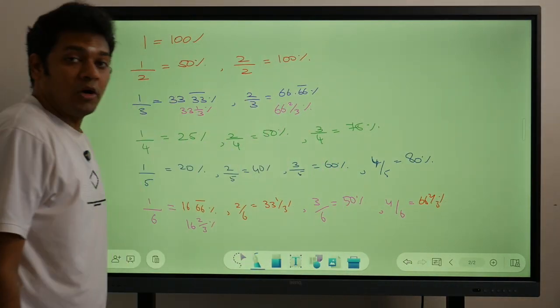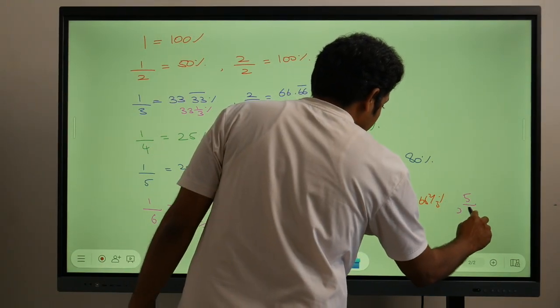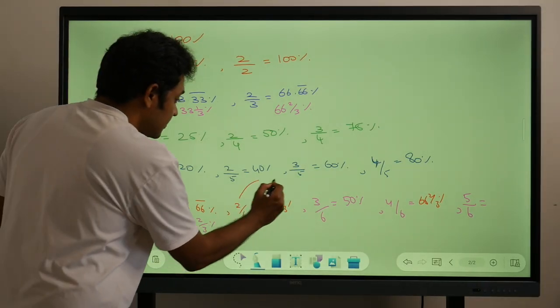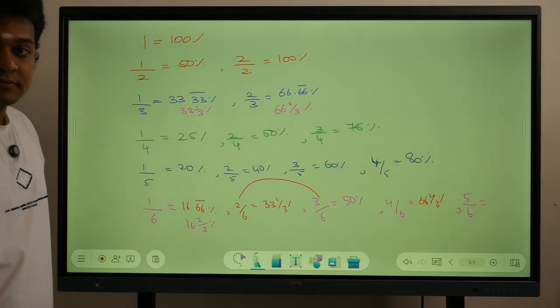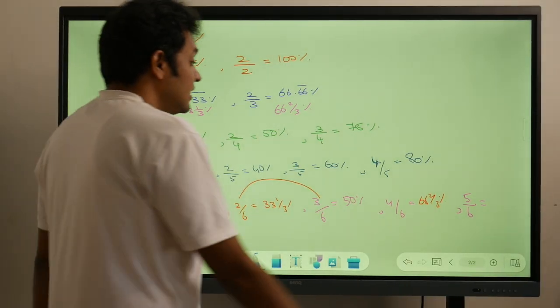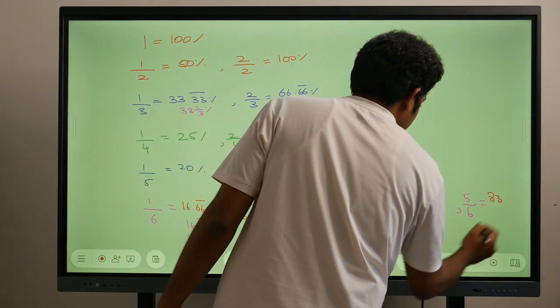Or 66.66. What is 5 by 6? 5 by 6 is nothing but 3 by 6 plus 2 by 6. Right? So 3 by 6 plus 2 by 6 is 50 plus 33.33, 83.33 or 83 1 by 3 percentage.